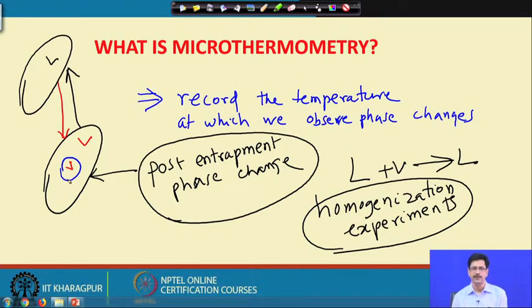We are doing the experiment at 1 atmosphere pressure, whereas this entrapment could have taken place anywhere in the earth's crust, ranging from pressure as low as 100-200 bars to 3, 4 or 5 kilobars or even more than that.